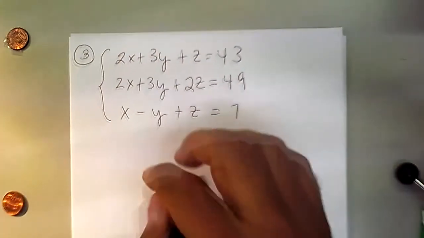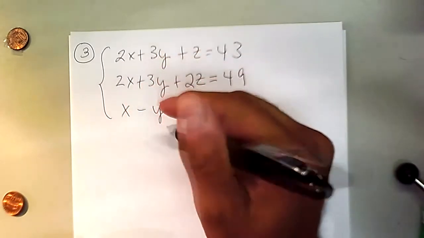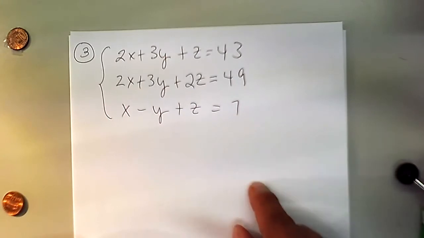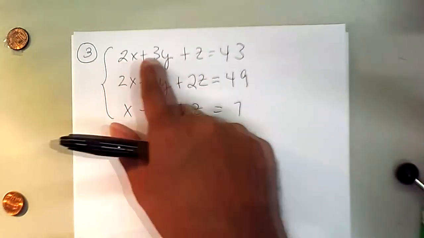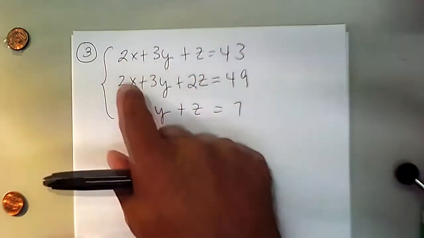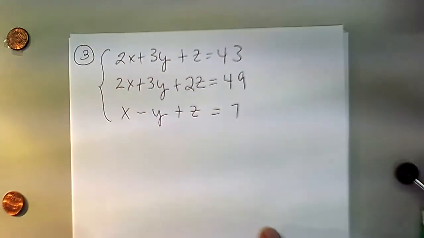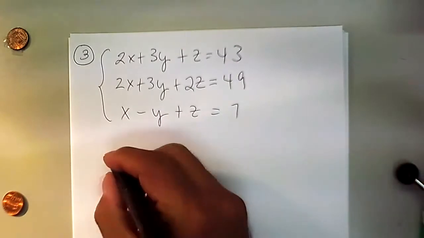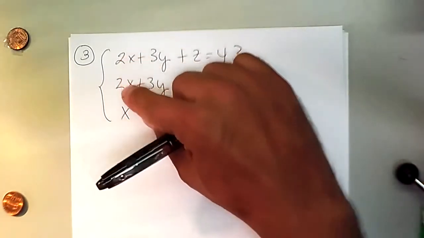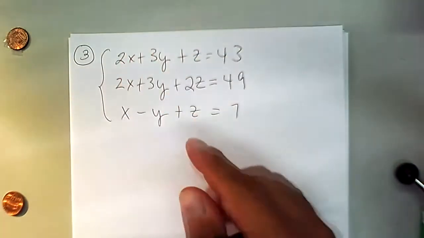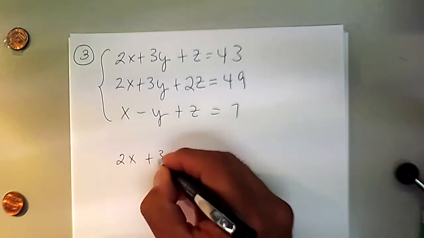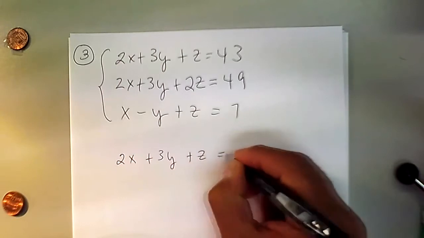After the first transformation, typically we write down the second equation and then subtract the multiplier times this equation. But this is going to be so straightforward, I'm just going to do it without actually showing you, because those already match. So we can do the subtraction as is. 2x plus 3y plus z equals 43.